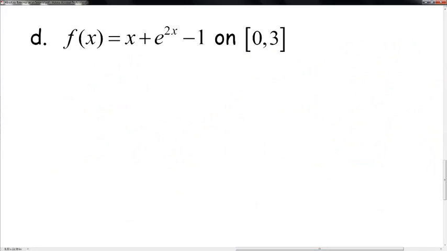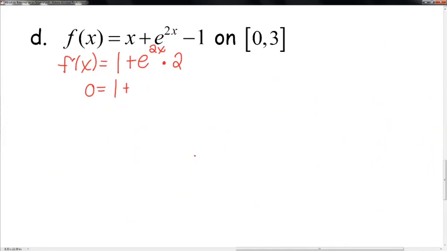Alright, last one. I'm going to go ahead and take my derivative. So f prime of x is equal to 1 plus e to the 2x times 2. And I'm going to set that equal to 0.